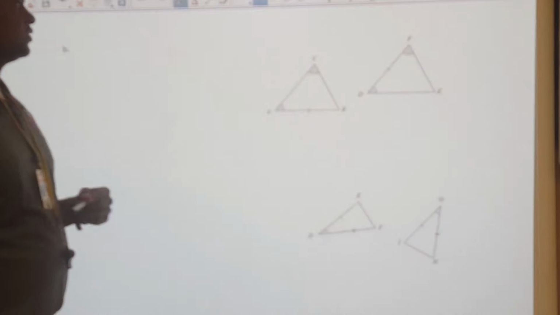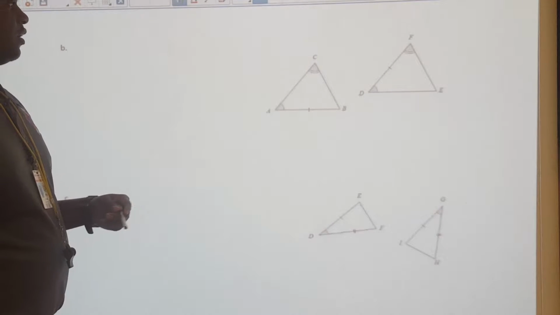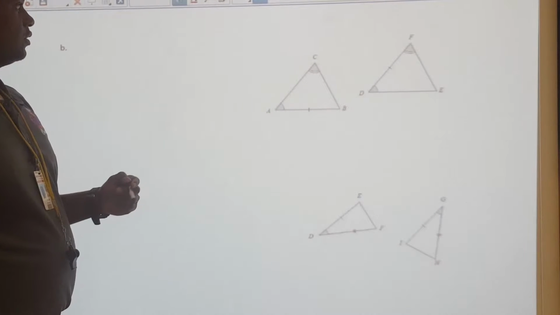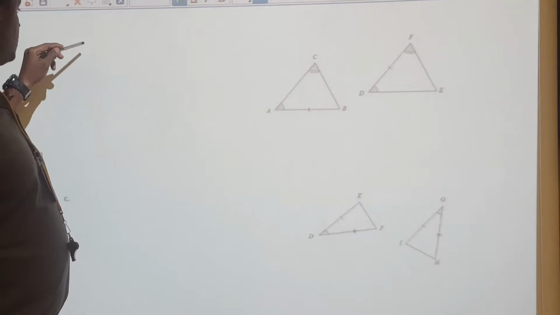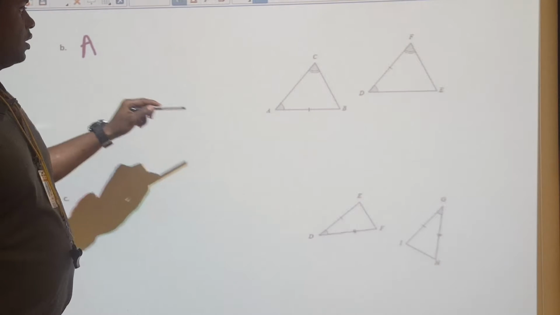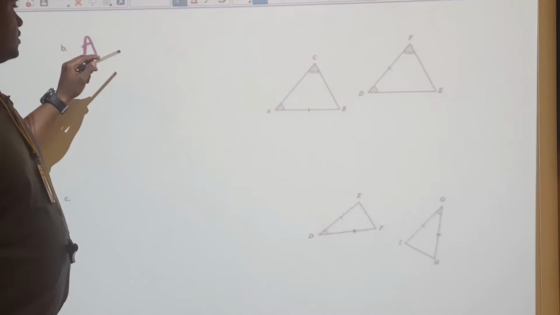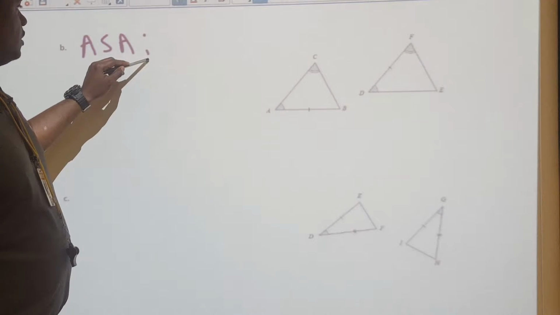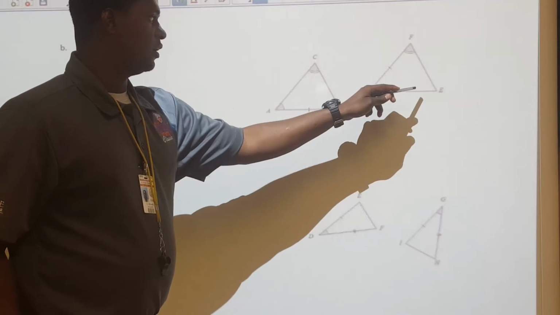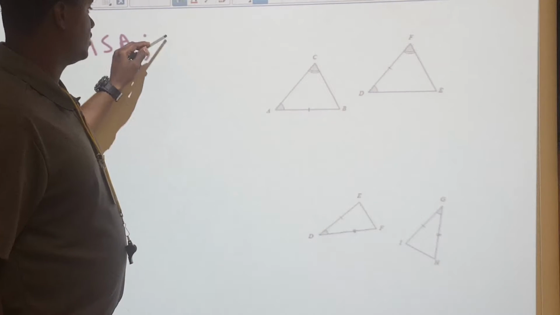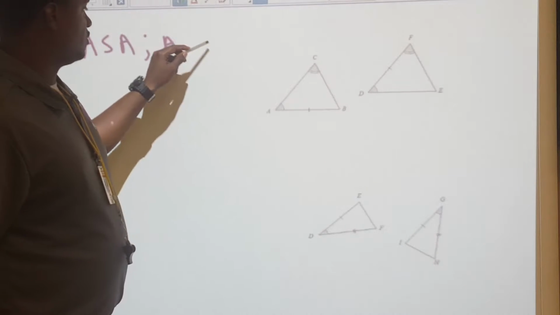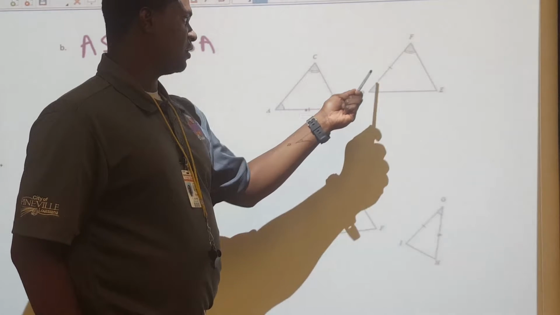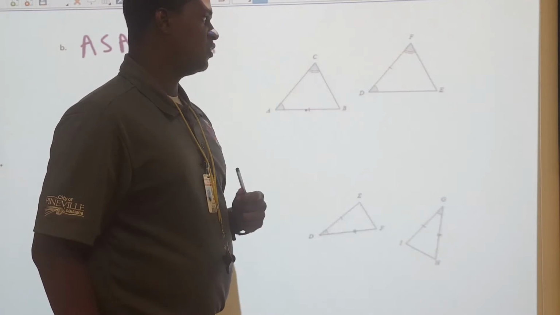Let's look at this one. Let's see if they are identical. Again, we have two angles and a side. However, on the first triangle, you have an angle, then a side at the bottom, and another angle. Then you have an angle on this side, then a side and an angle, but they are not identical because this side doesn't tell you if it's equal to this side, because they are at two different locations.